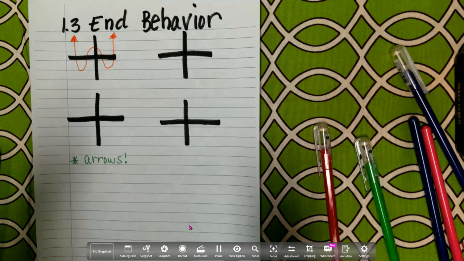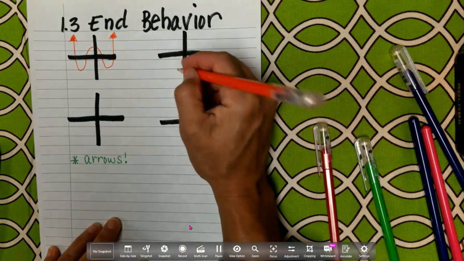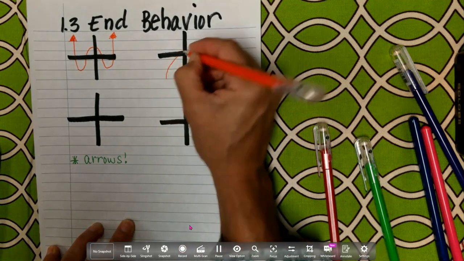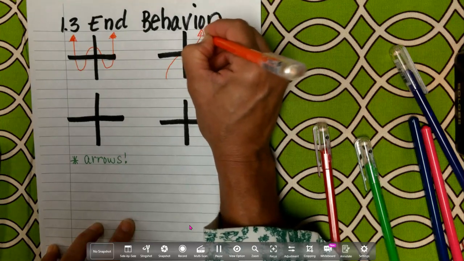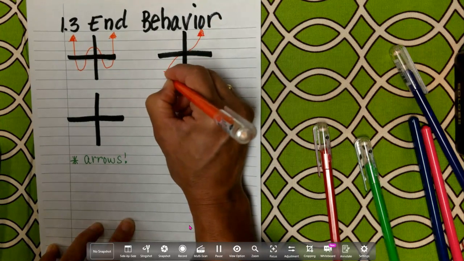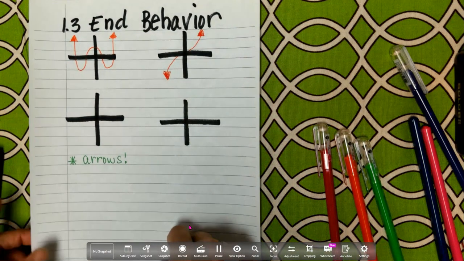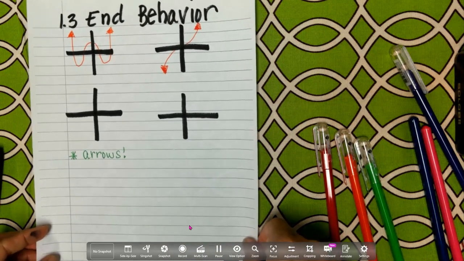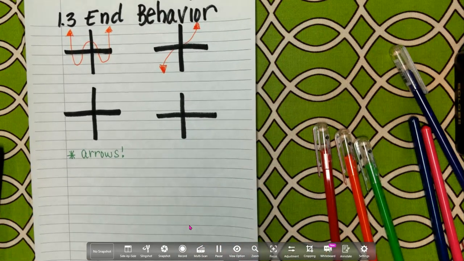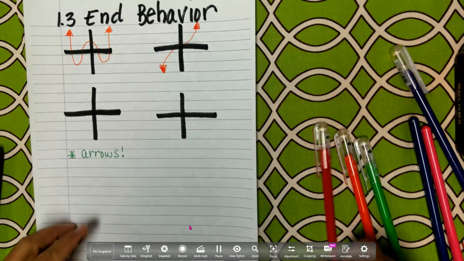Let me show you another positive function. That is also considered a positive function. Now let me draw a couple of negatives, and maybe you can start seeing why I'm calling these graphs that I'm about to draw negative.